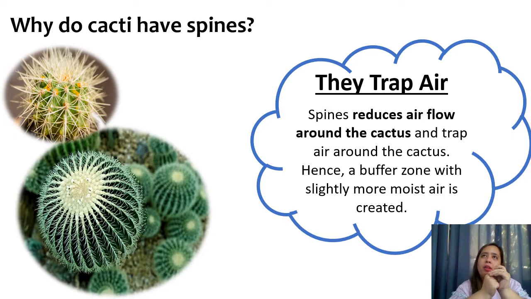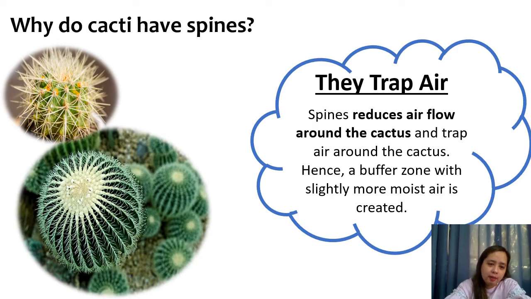So in intense sunlight, during noon, the water content of the cactus will not slip out of its body because of the buffer zone created by the thorns.